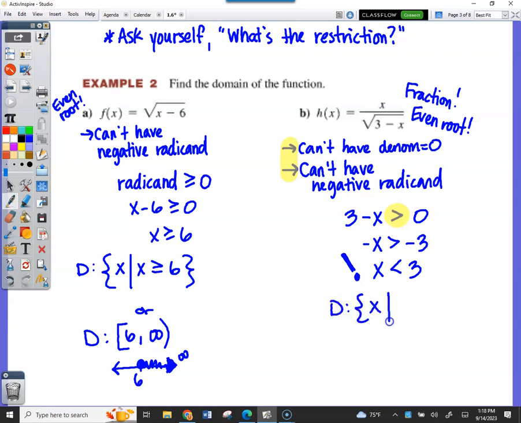So the domain is any number x as long as it's less than 3. Or in interval notation, that means it's at 3 and it goes to negative infinity. Read it from left to right, so it'd be negative infinity up to 3. What type on the 3?